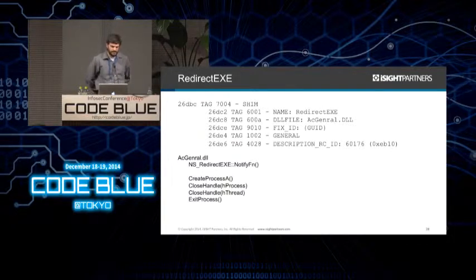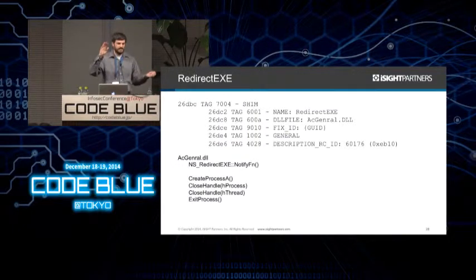Second one he talked about was RedirectEXE. Again, this is backed and implemented in the AcGenral DLL. If you look at that, it will just do a CreateProcess, close the handles to that process, and then exit itself. So let's say you're going to redirect calc to notepad. You double-click calculator, calculator starts to come up, the Windows loader is doing this process of loading it into memory.